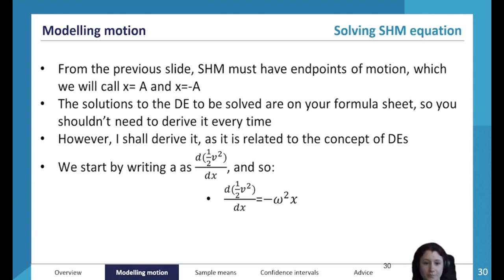So, simple harmonic motion does have endpoints. If you think about the spring, the endpoint would be when it's most extended and when it's completely compressed. And we call those the amplitudes. Simple harmonic motion is actually very linked to trig equations, which is why a lot of the equations on your formula sheet related to simple harmonic motion are trig ones, if you're familiar with them. And that's why we have this amplitude stuff, because it's similar to the trig language.